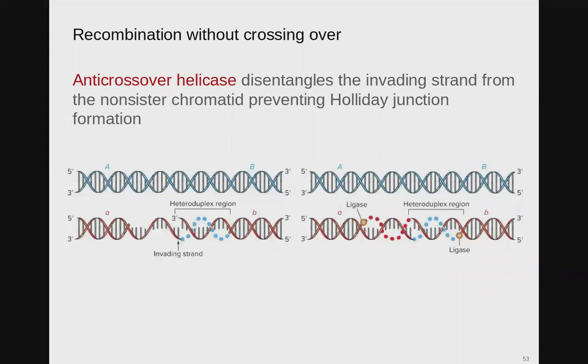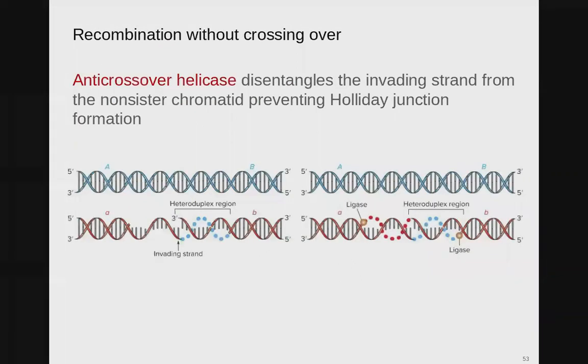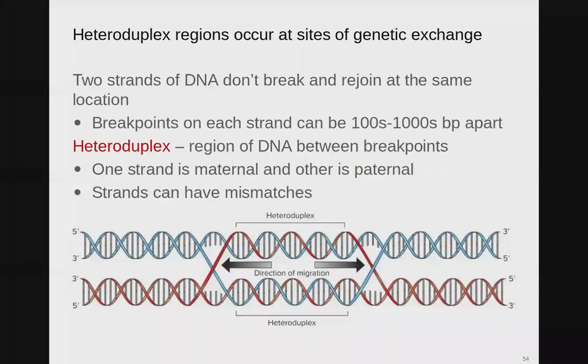So it doesn't have this fully formed set of Holliday junctions, but you can get a minor level of crossing over without any meaningful amounts of recombination if you have just a little bit of invading here as you go. Now, two strands of DNA that simply don't break and rejoin at the same location.